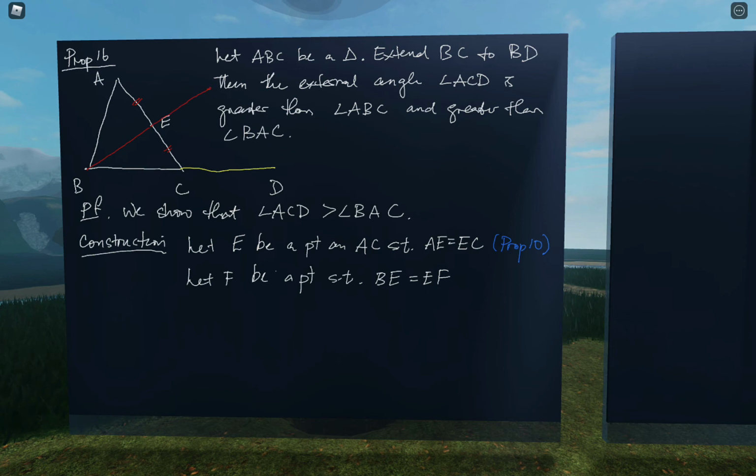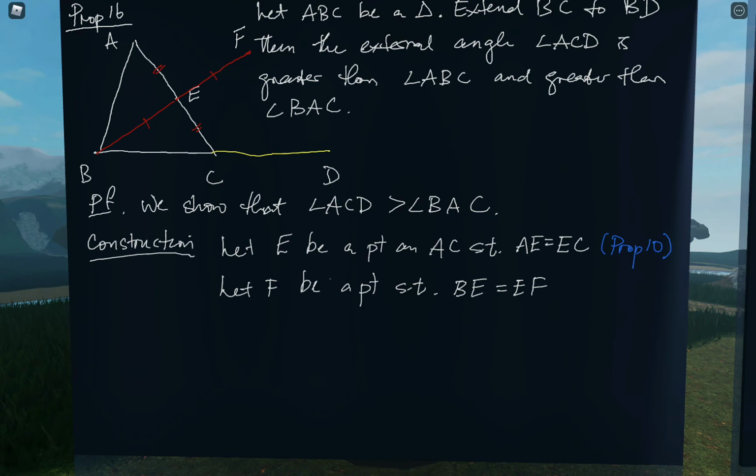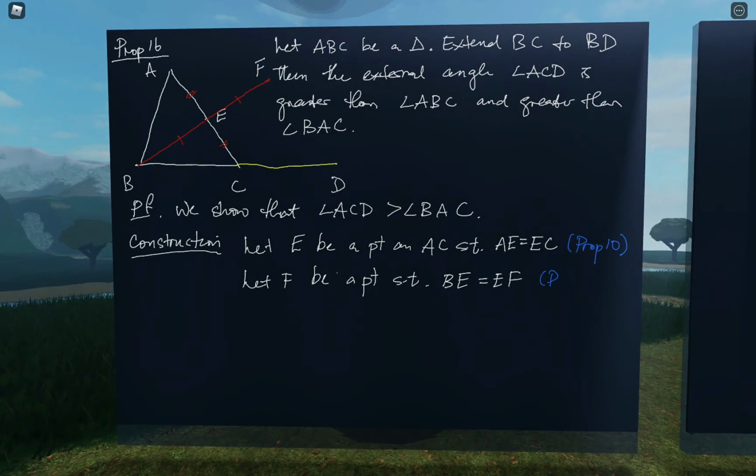So we want these two line segments to be equal, and the point where this extends to is called F. And this is possible by another proposition that we've talked about before, and that would be proposition 3. So it's early on, right? It tells us we can extend the line out from a point by a given length. And so we're just going to join up F and C, just for completeness of the diagram.